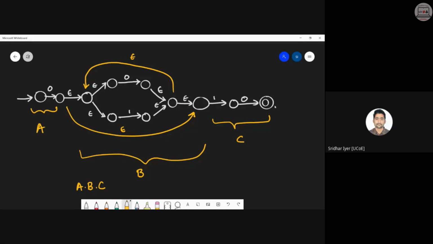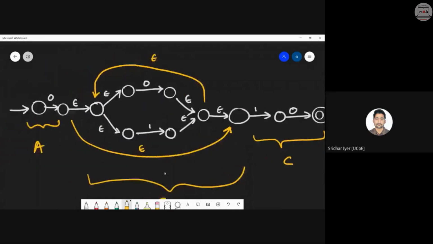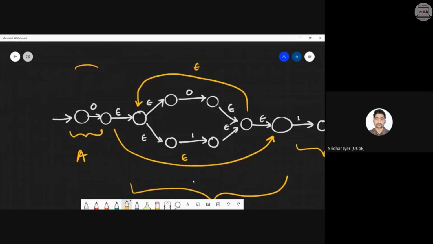11 states. Because over here you can see that we cannot combine this state. Yes or no? We can't combine this with this because otherwise the entire meaning of the question will change. It is 0 followed by the next term followed by the next term. So there is a dot product in between.